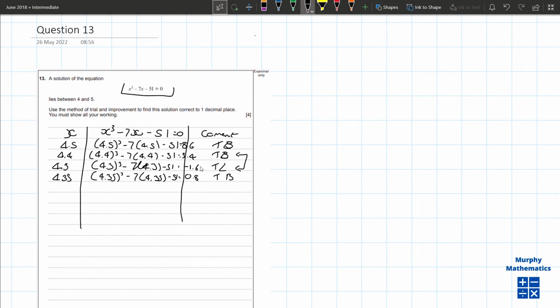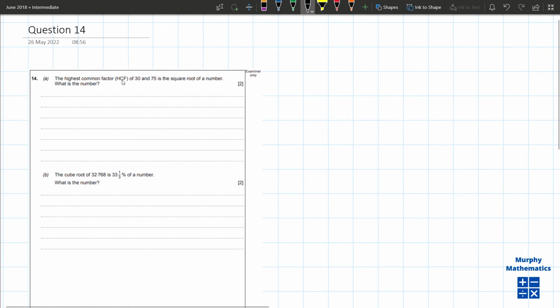So now I know that my answer lies between 4.3 and 4.35. So now I can round down to 4.3, and that's correct to one decimal place. And that's it.